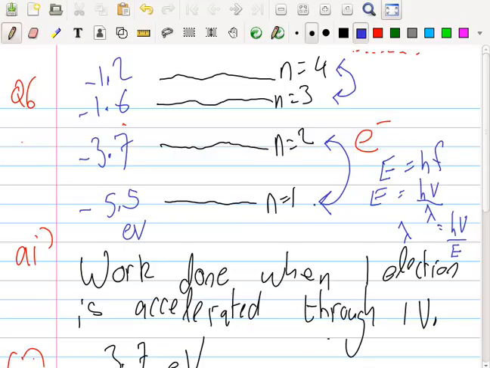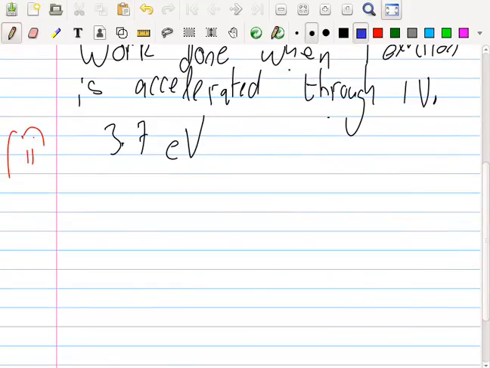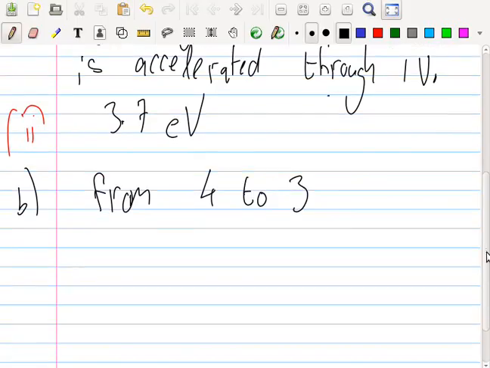So is it going to be jumping from 1 to 2 or 3 to 4? 3 to 4. In fact, everything so far has been 1 mark. Sorry, from 4 to 3 or 3 to 4, whatever.